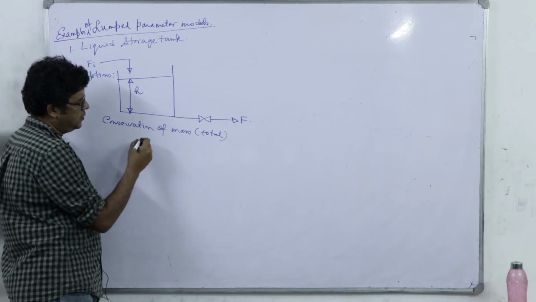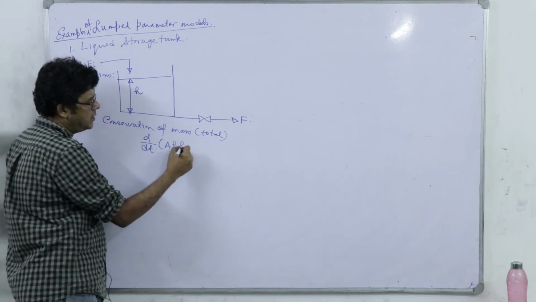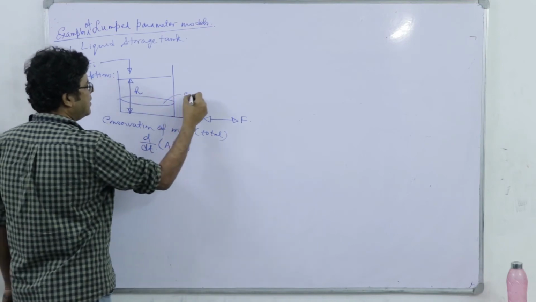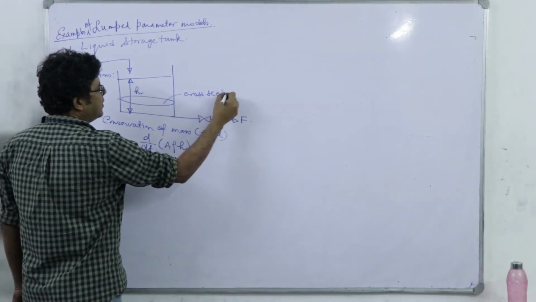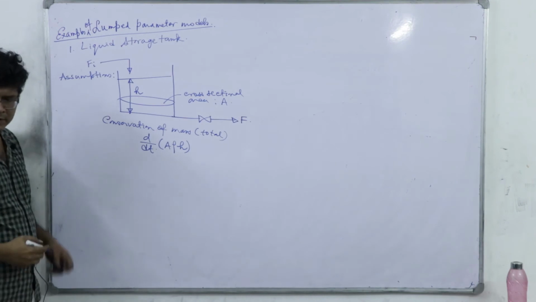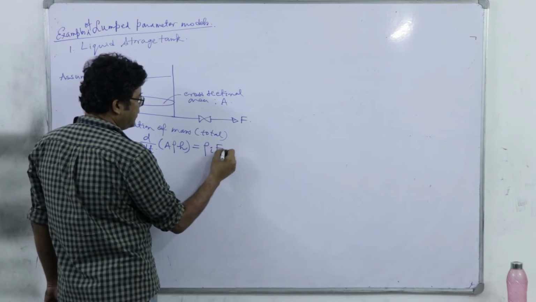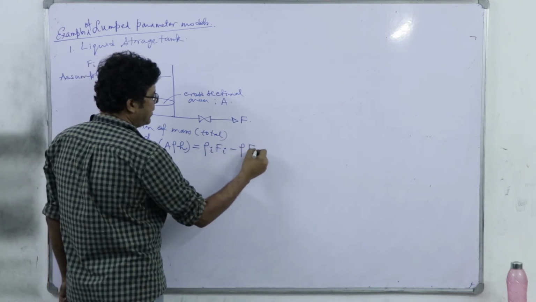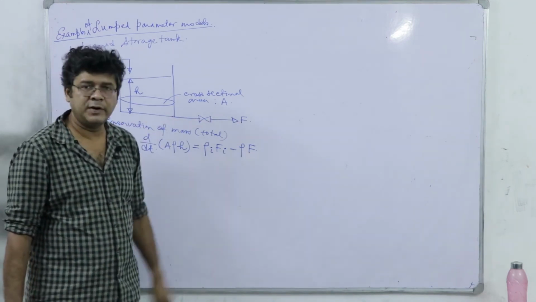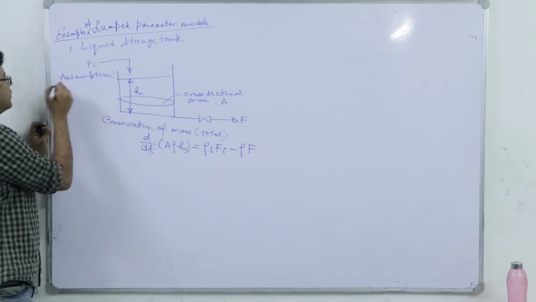So, here it will be ddt of A into rho into H, where A is the cross sectional area of the tank, equal to rho i into Fi minus rho into F. The same liquid is flowing out, so you can write rho into F, you do not need to write rho j Fj.